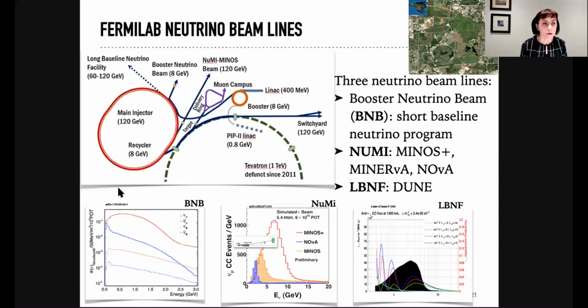But again, since you need to accelerate charged particles, you need to have powerful accelerators that accelerate the protons, and then from the interaction of the protons with the target, you eventually have the neutrinos coming from the decays of the muons. This is why these are very important, and they have many experiments running, NOvA now and in the future DUNE.